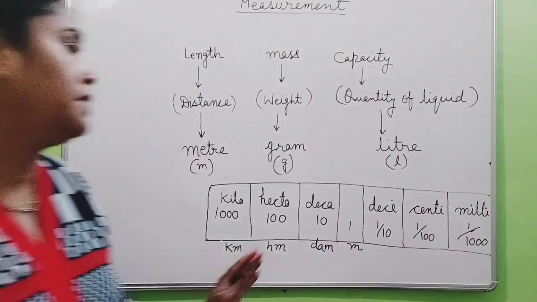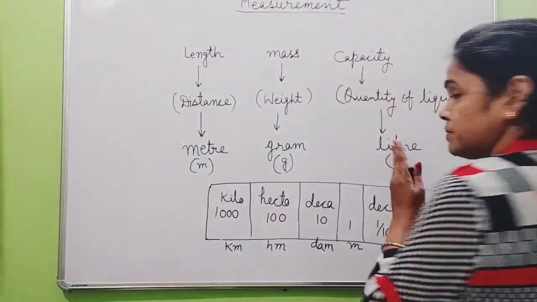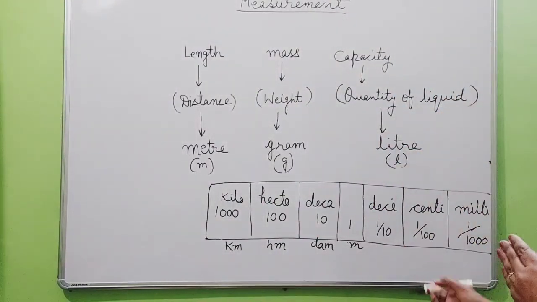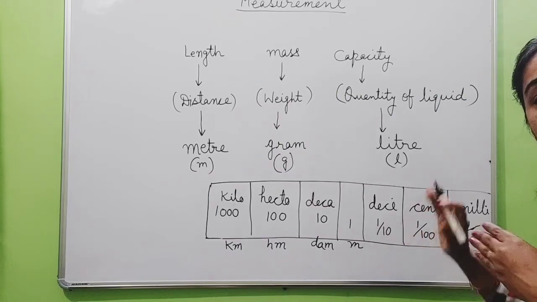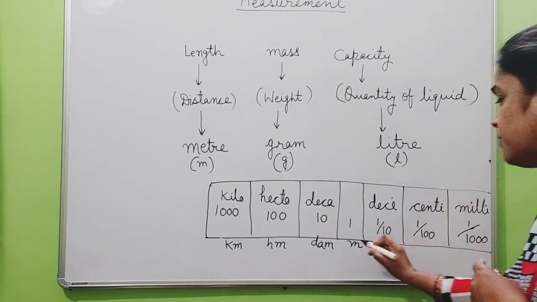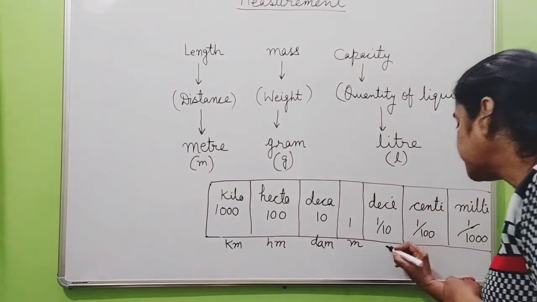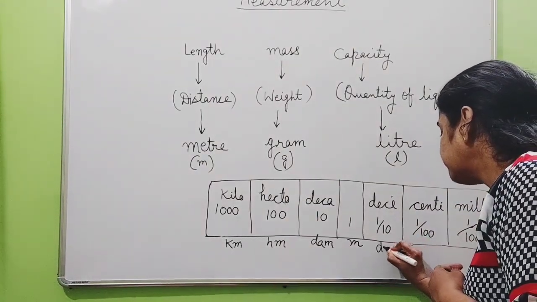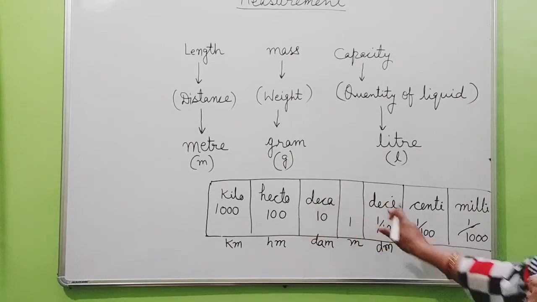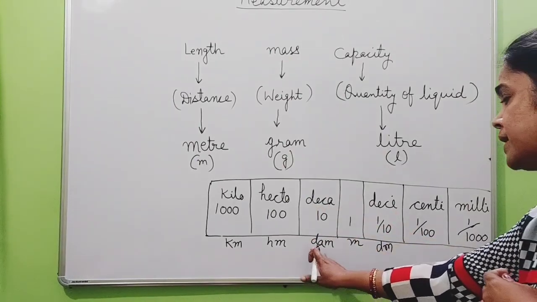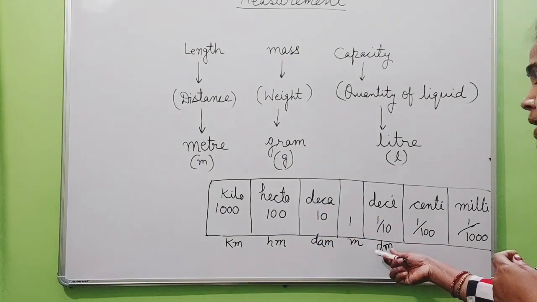Similarly, from meter we come to lower units. Meter to deci, so we are dividing meter by 10. Each unit is decreasing 10 times. So it is decimeter. See the difference between deca and deci in short form. Deca we write DAM and deci we write DM.